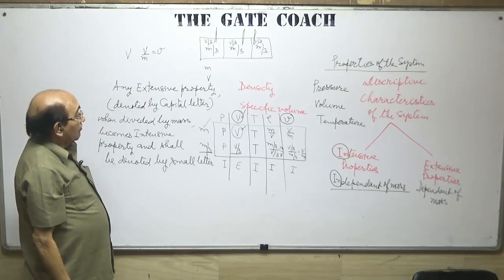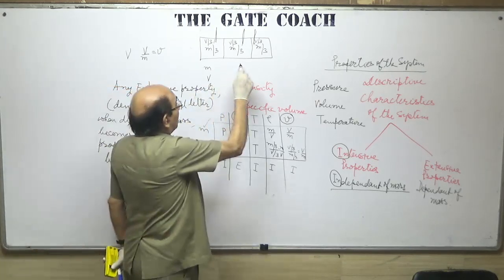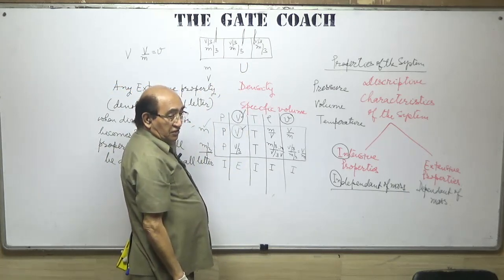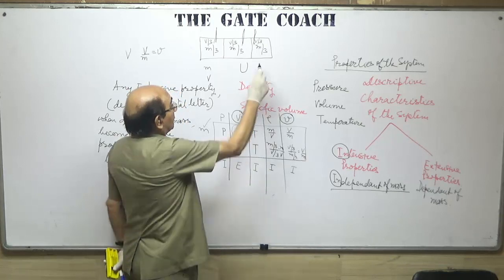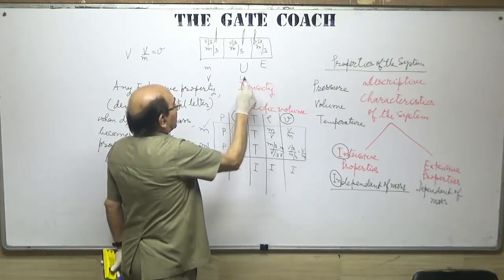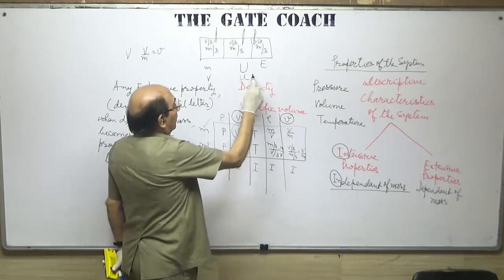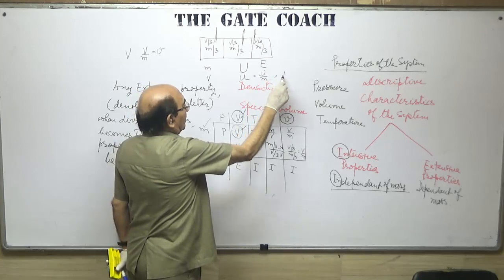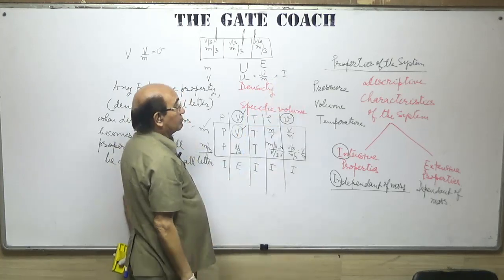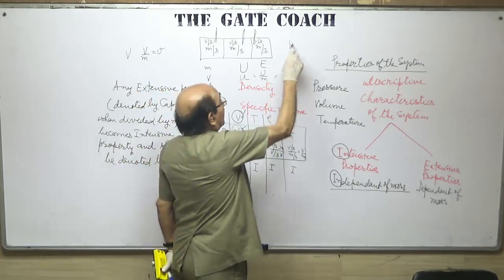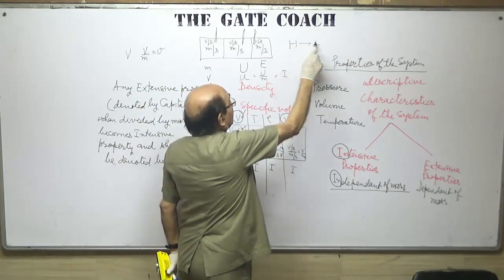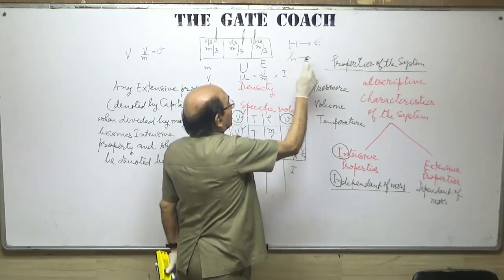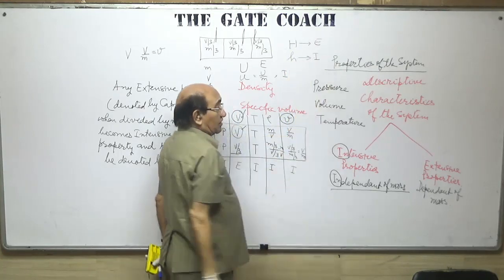Later on, we will be studying U, total internal energy, as an extensive property, and small u, which shall be U upon m and shall become an intensive property. Total enthalpy H is an extensive property. Specific enthalpy, corresponding small letter, shall become an intensive property.